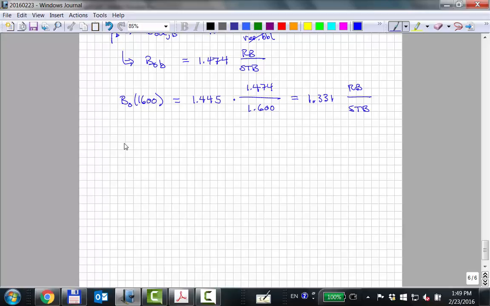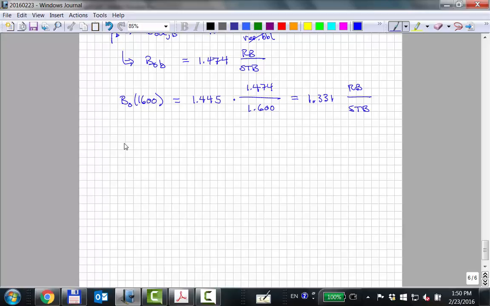Why is that not good? Anybody? The K values. You looked at the K values, right? The K values of the heavy components, which we want to keep in the oil, we want to keep as low as possible, right? To keep those components in the oil. If you increase the temperature, the K values go up. The vapor pressure goes up, K values go up.